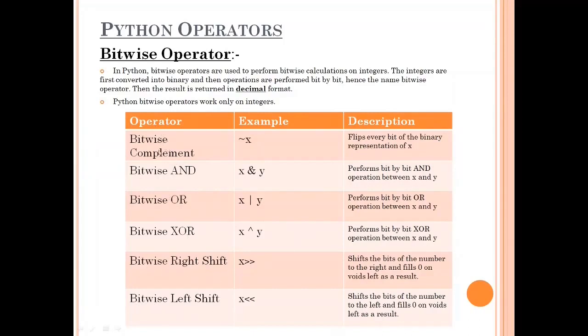So what does a bitwise complement operator do? It is also called the bitwise NOT operator sometimes. So what does this operator do? It flips every bit of the binary representation of x. When we apply this bitwise complement operator on an operand x, it first converts the operand x to binary form and then flips every bit of that binary representation.